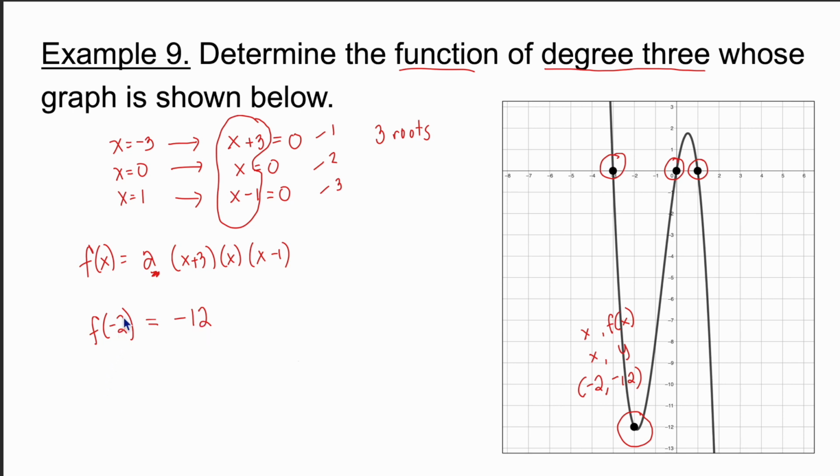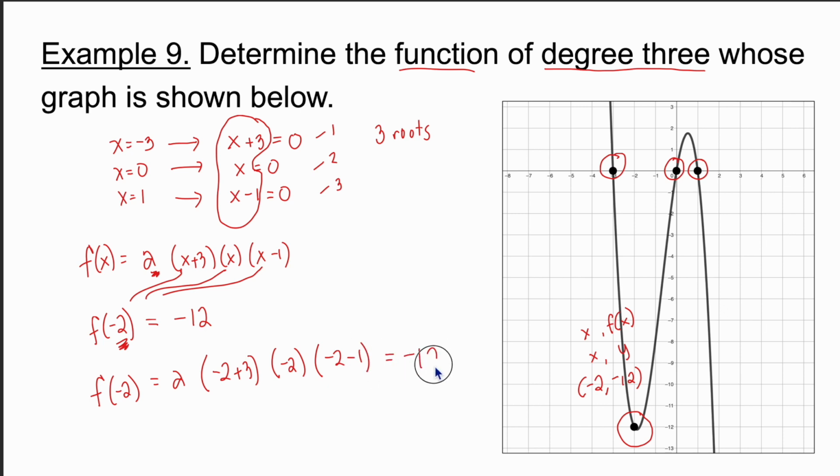So, this means that pag yung negative 2, pinasok natin sa lahat ng x, dapat daw ang makuha natin negative 12. So, that is f of negative 2 equals a times negative 2 plus 3 times negative 2 times negative 2 minus 1 is equal to negative 12.